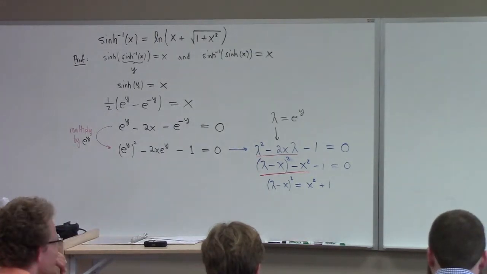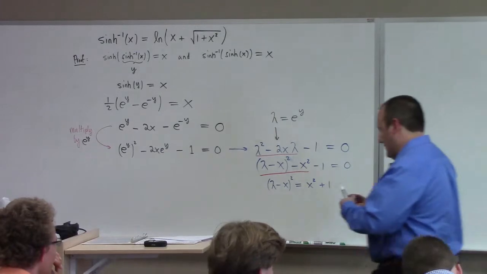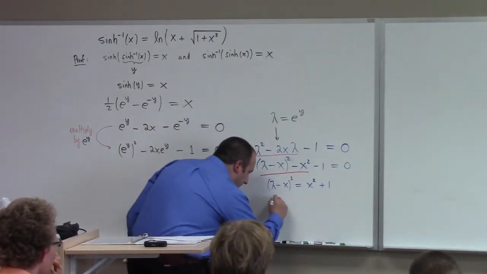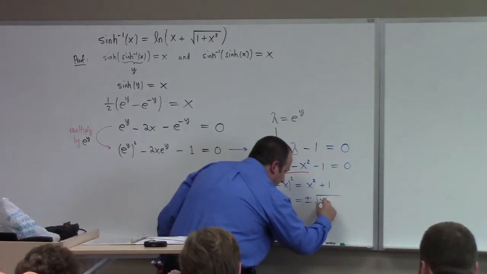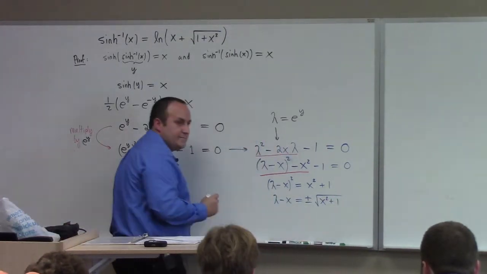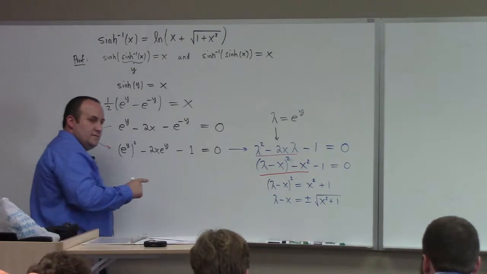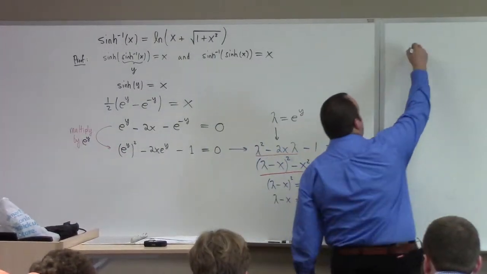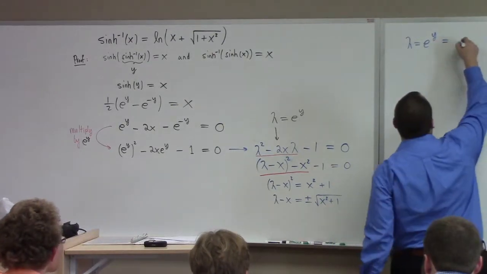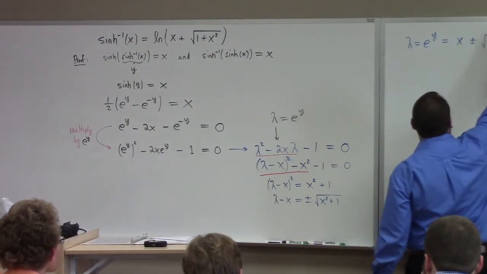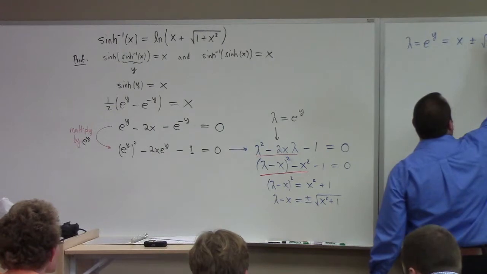We get lambda minus x is equal to plus or minus the square root of x squared plus 1. But that gives us lambda, which is, by the way, e to the y, equal to x plus or minus the square root of x squared plus 1.